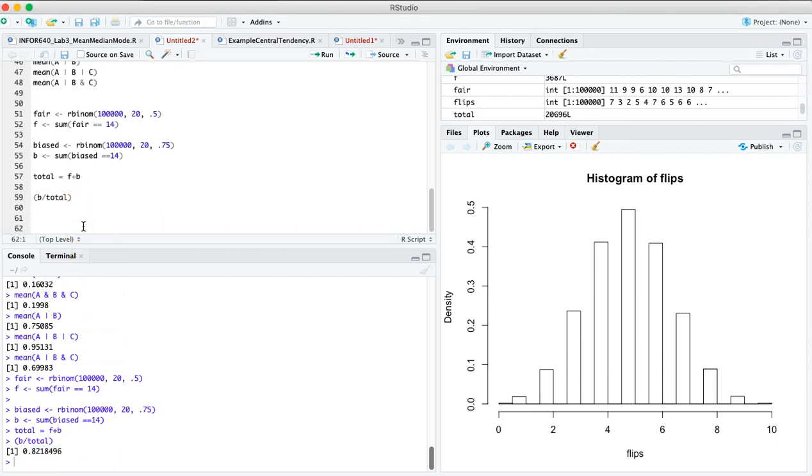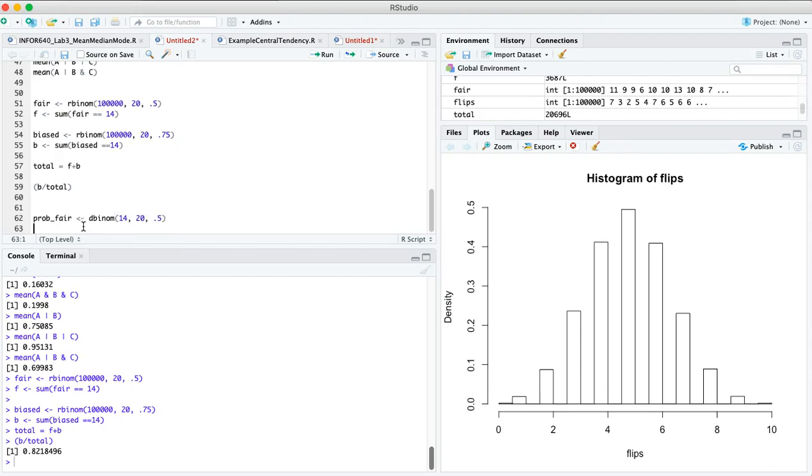So the way that we're going to do this is with dbinom. So I'm going to set this to probability of fair. I'm going to assign that variable to dbinom. And I had 14 positive outcomes out of 20 flips of a fair coin, right?